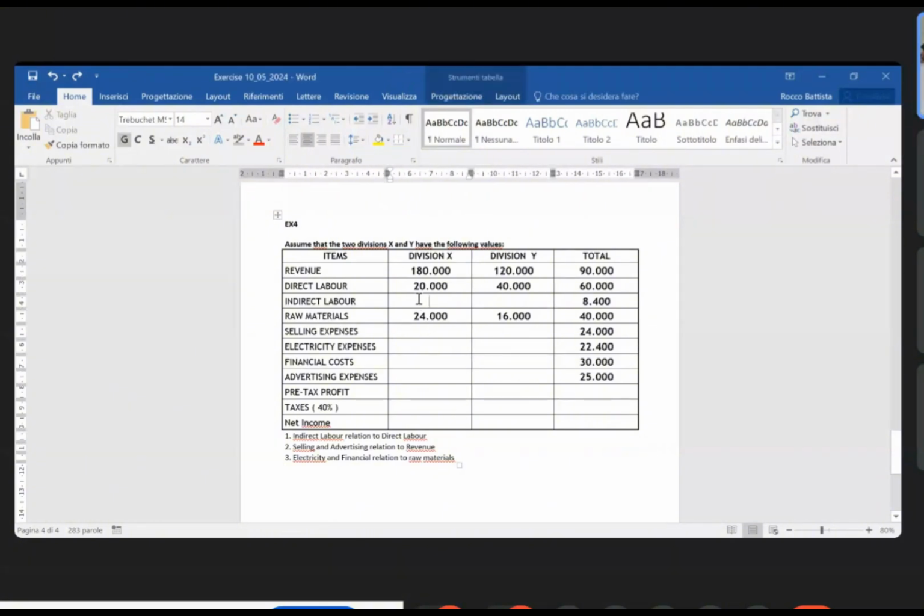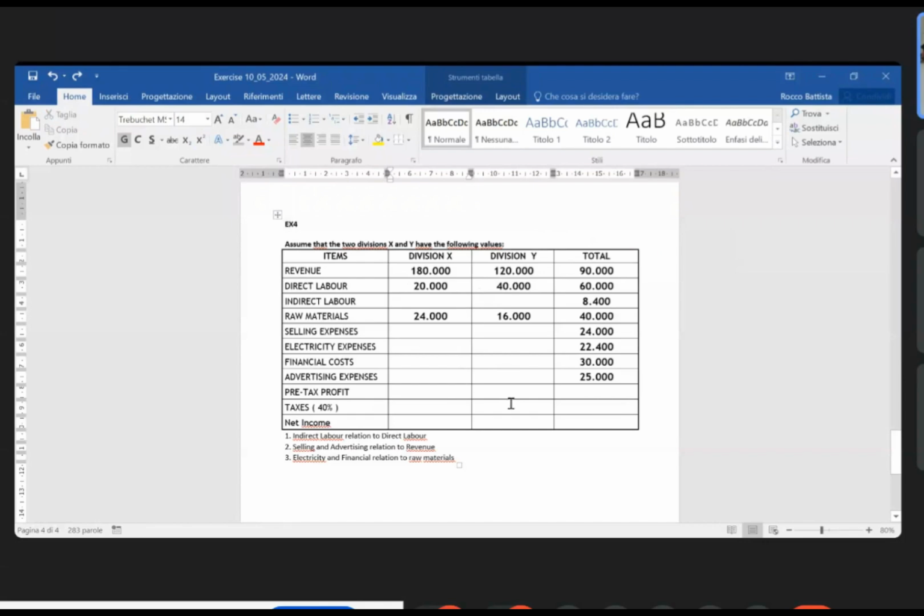In order to split the amount for division X, you multiply the ratio by the amount of direct labor for division X. For division Y, take the same ratio and multiply it by the amount of direct labor for division Y.